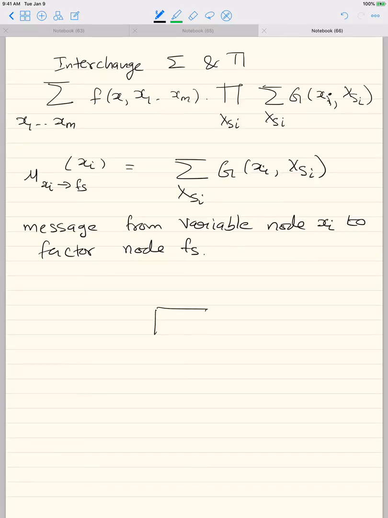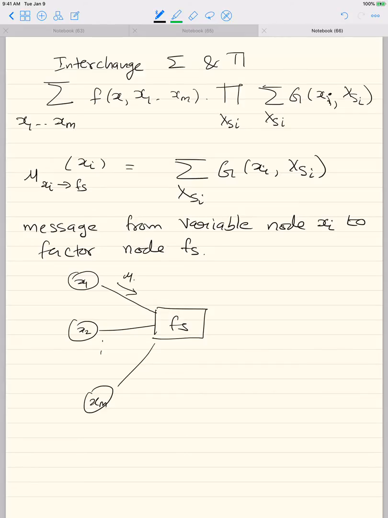And so what we have now is that there is a factor node fs connected to x1, x2, all the way up to xm. What we are sending here is mu of x1 to fs, mu of x2 to fs, all the way up to mu of xm to fs. And then using this information, we can send a message from fs to the variable node x of interest.